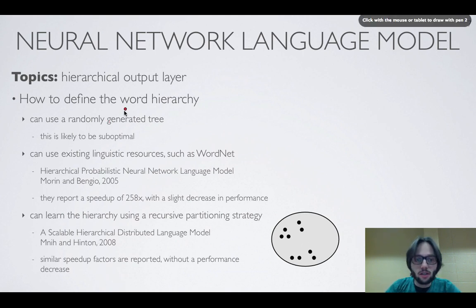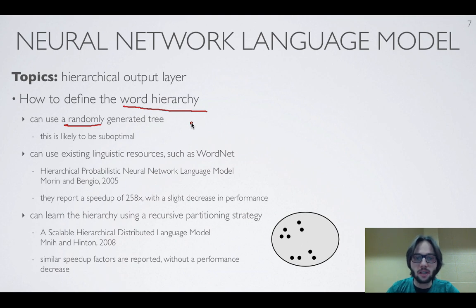So now, how do we actually define this tree, this word hierarchy that organizes the words into different leaves of a tree? The simplest thing to do probably is to just generate this tree randomly. So we'd essentially generate a complete tree. We make it balanced so that at least the computation in the tree is logarithmic.